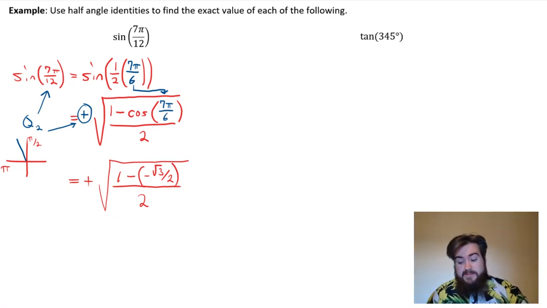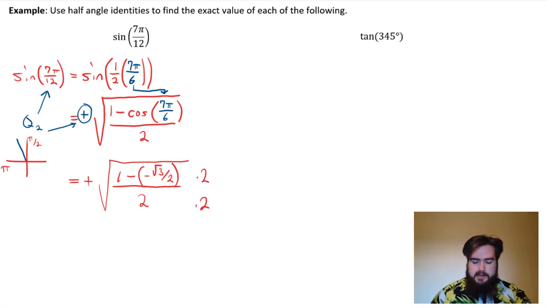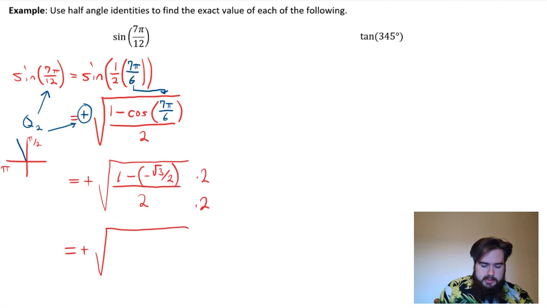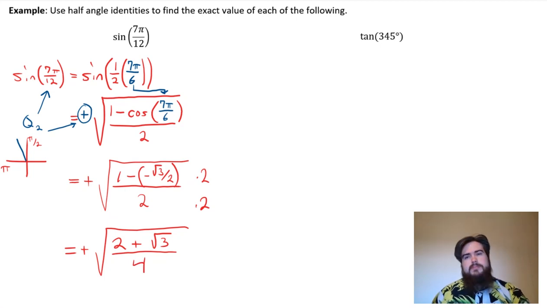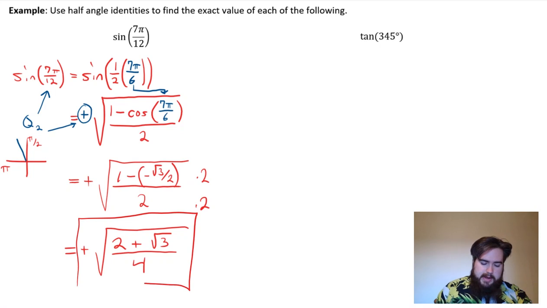This is technically a valid result because now this has numeric values and no trig functions anymore. However, to clean this up a bit, I will multiply the top and the bottom of the fraction inside the square root by 2, which will give me the square root of 2 plus the square root of 3, divided by 4. This, I believe, is a little bit of a better result.